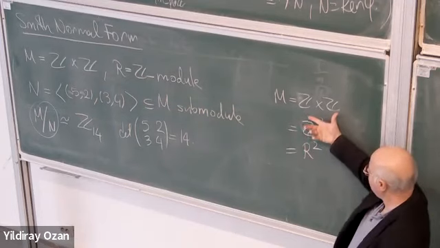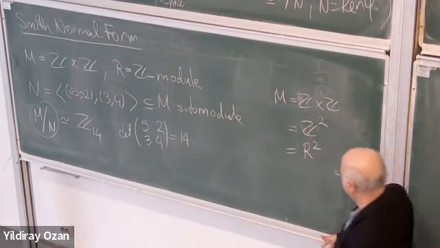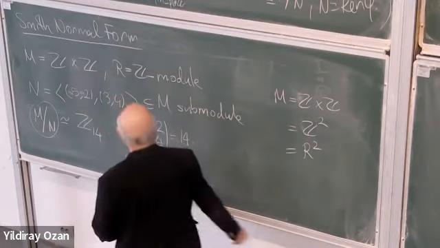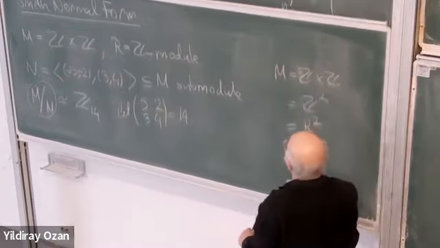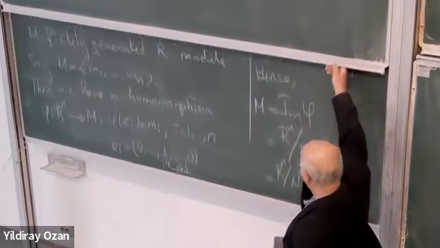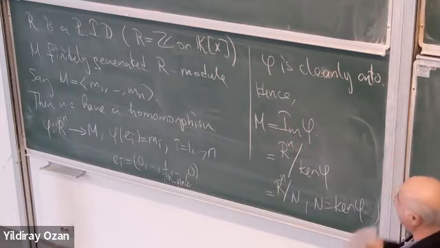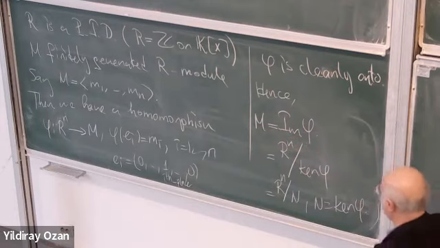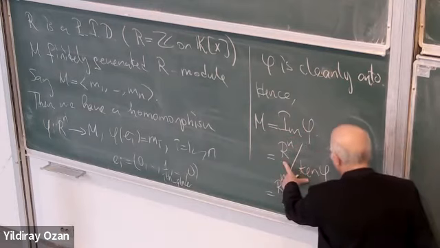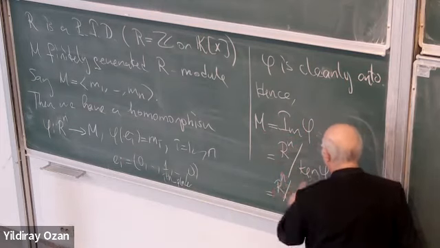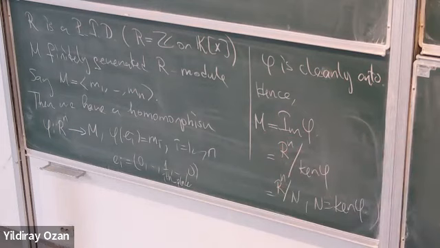We have a free module, and then we have a submodule, and we would like to understand this portion. But here I changed the notation. It's just an arbitrary R module, but it is a quotient of the free module, and I would like to understand the structure of this submodule.